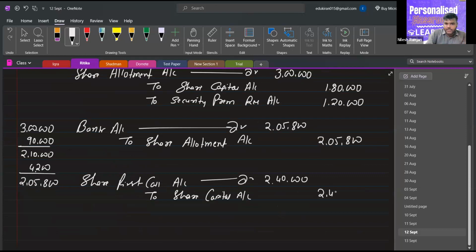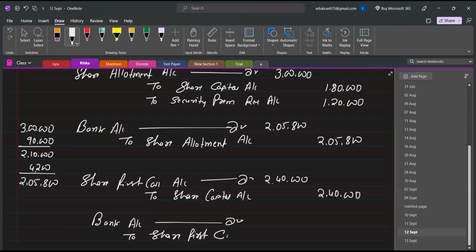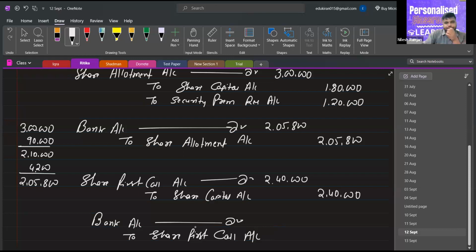But we will receive money only on how many shares? How many shares?